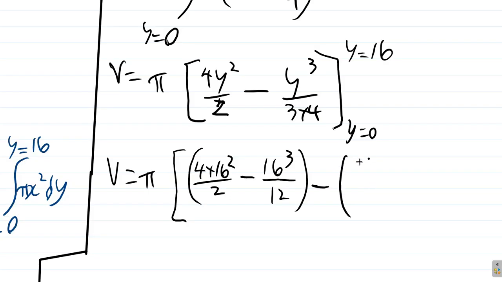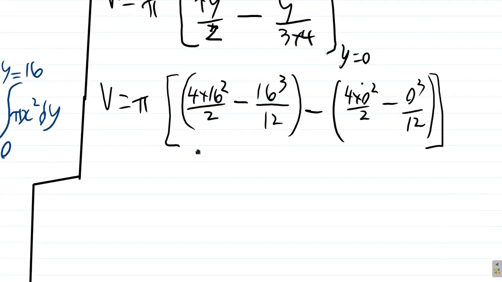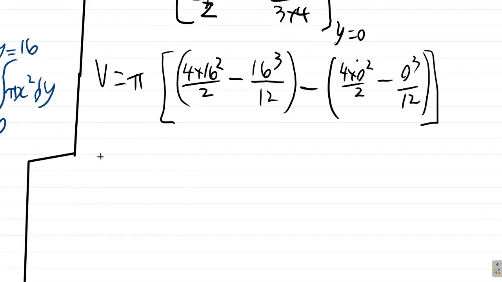Minus, open bracket, lower boundary now, 4 times 0 squared over 2 minus, and I could have cancelled out and made 2 into 4 two before, but let's continue. Minus 0 cubed over 3 by 4, 12, right?